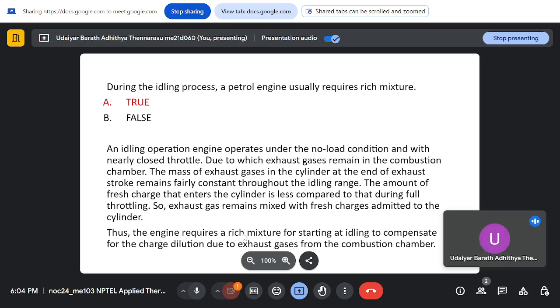So to start the engine, you require much more fuel to overcome this dilution which is happening.